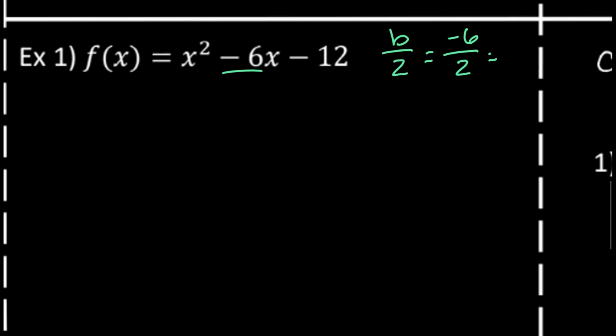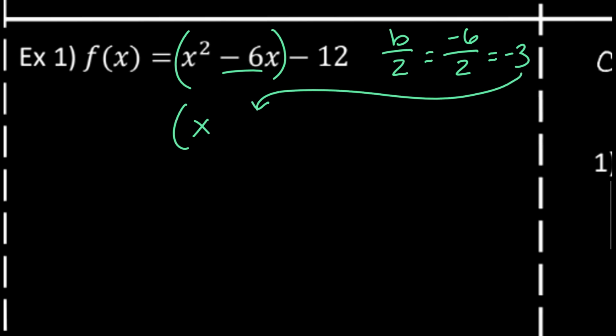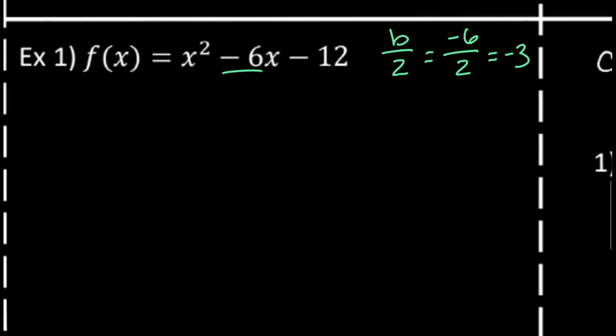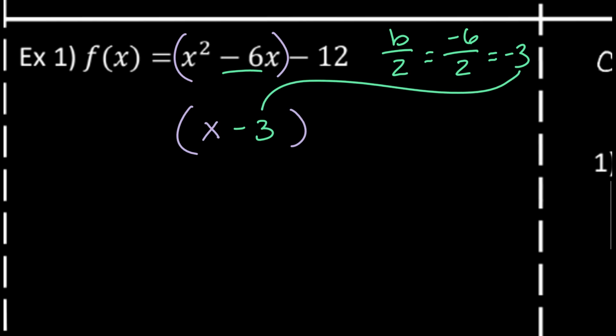What's -6 split in half? That is what goes inside of our parentheses after the x. So inside parentheses after the x goes the b value divided in half. Then we bring down the -12.